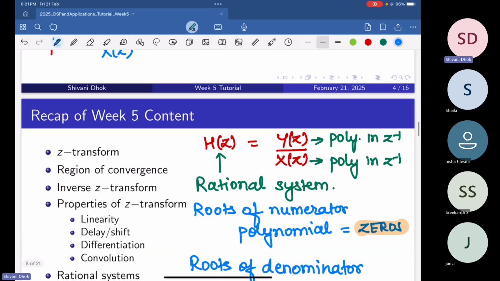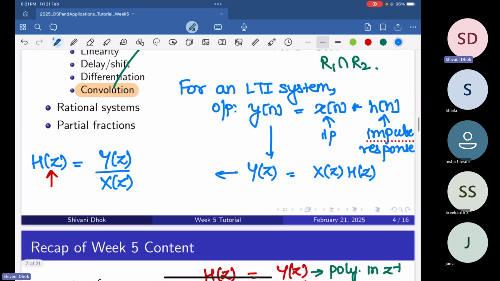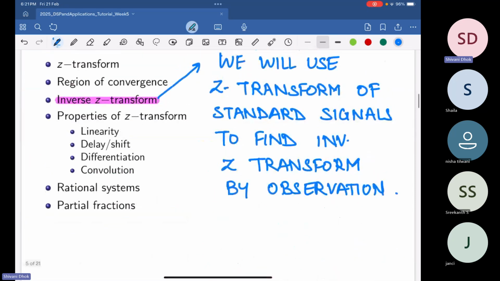Another thing I forgot to mention is the nature of the region of convergence.